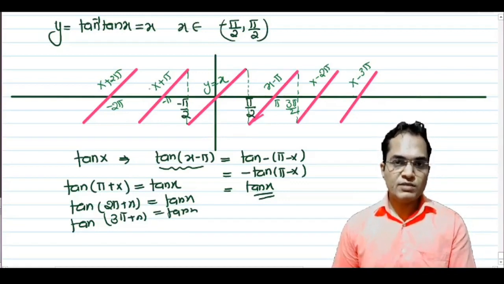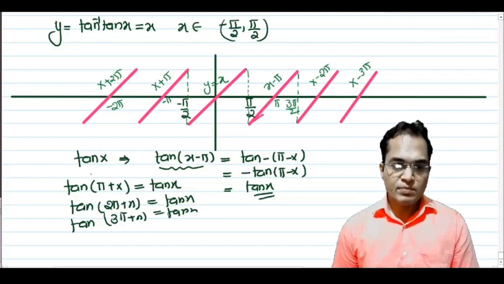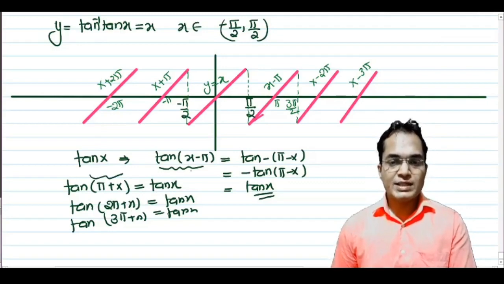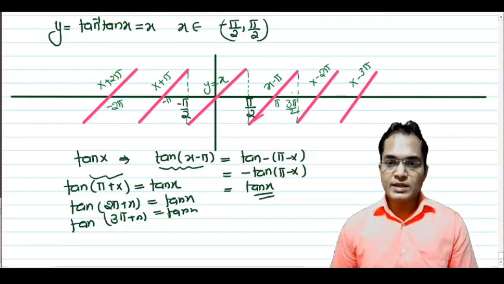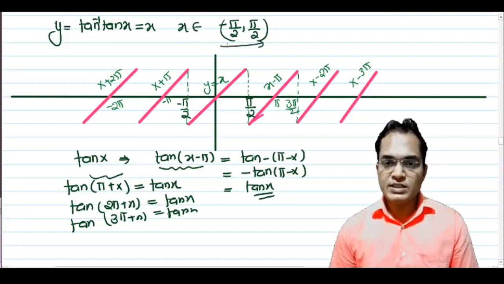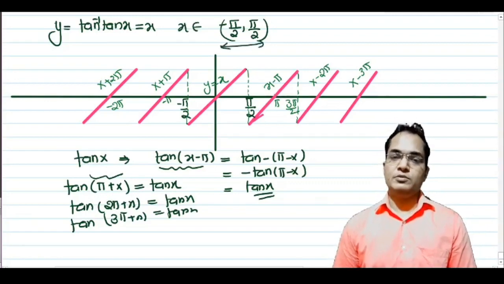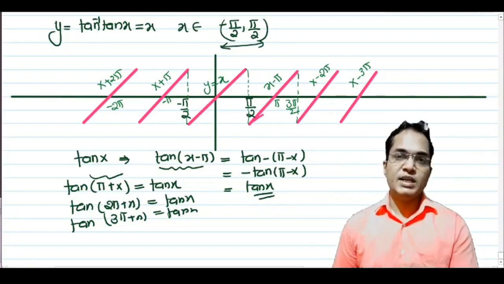What is the meaning of converted form? pi plus x, 2 pi plus x, 3 pi plus x, x minus pi, x minus 2 pi, x minus 3 pi. After all, they are tan x. That's why tan inverse tan x equals x. And these are the angles such that the given angle reduces to within the limit minus pi by 2 to pi by 2. This is the basic tendency of the graph of tan inverse tan x.